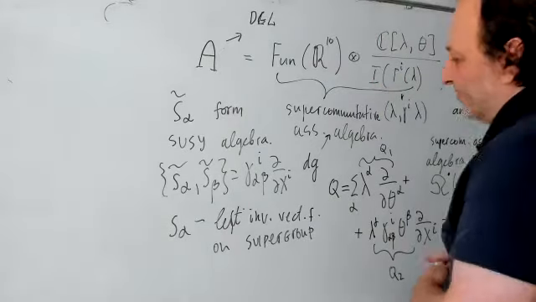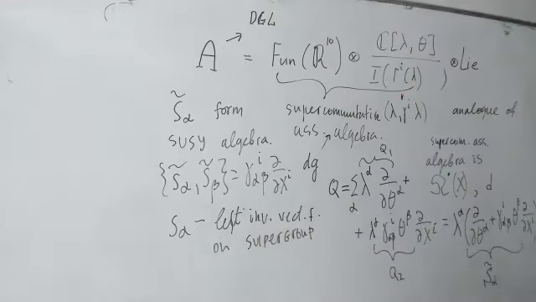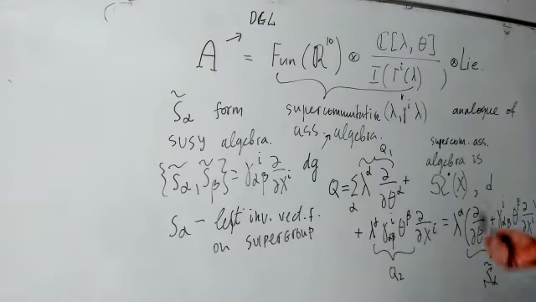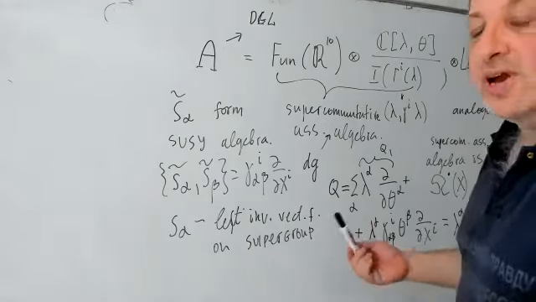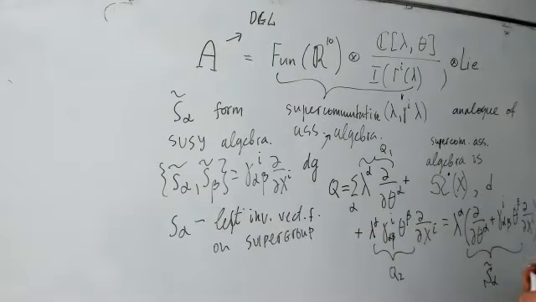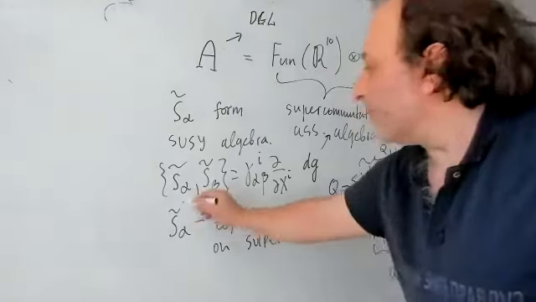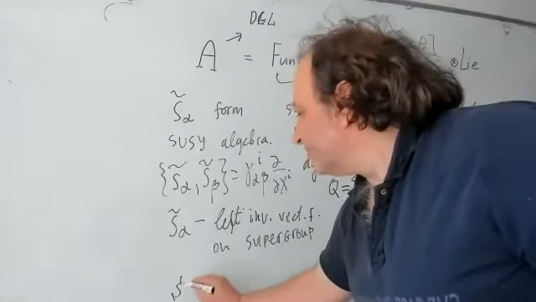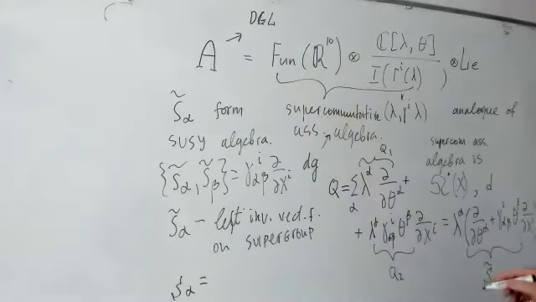Since there are left invariant vector fields, there should also be right invariant vector fields. And right invariant vector fields should commute with left invariant vector fields. So it's easy to write them in the following form.